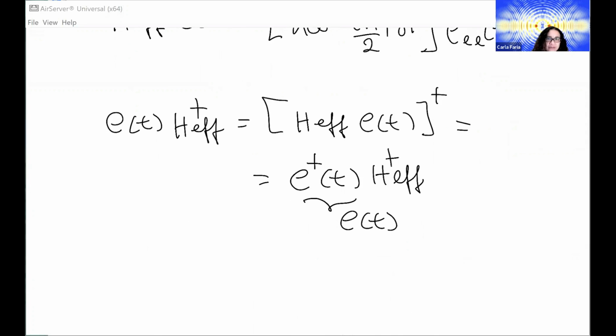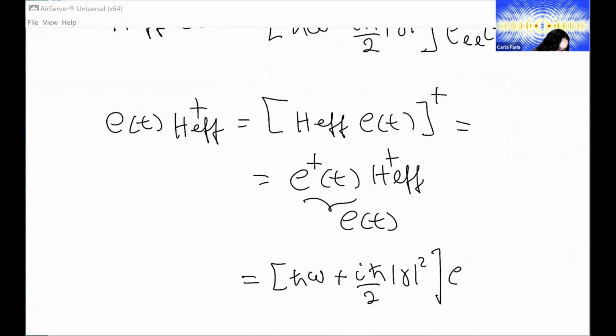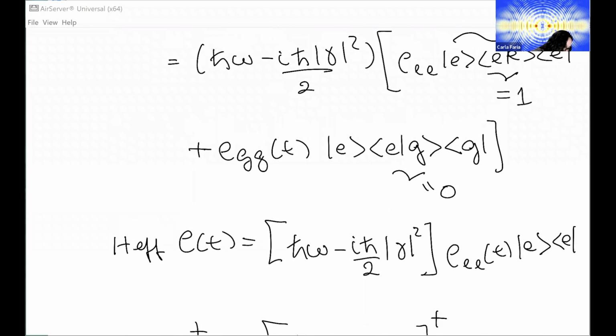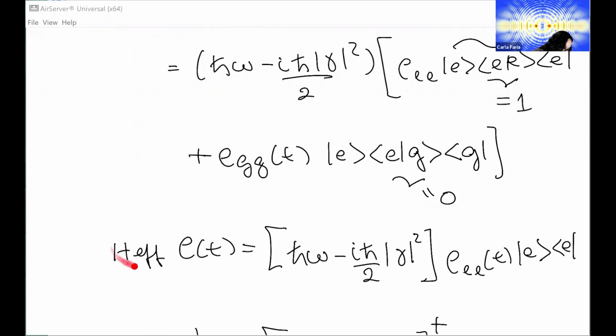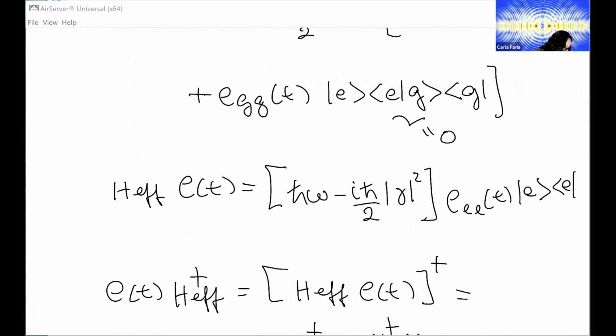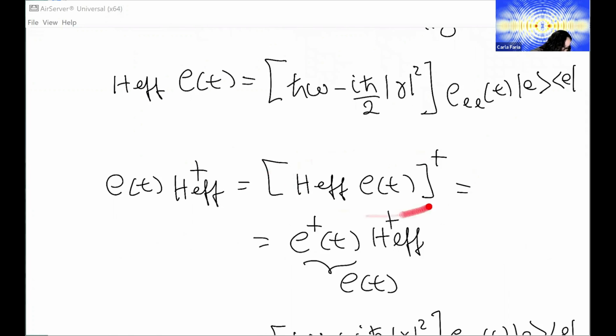So we're going then to write this as (ħω + iħ/2 |γ|²) ρ_EE(t) and the projector onto the excited state, which is pretty much just getting the expression that we had calculated and computing then the adjoint.